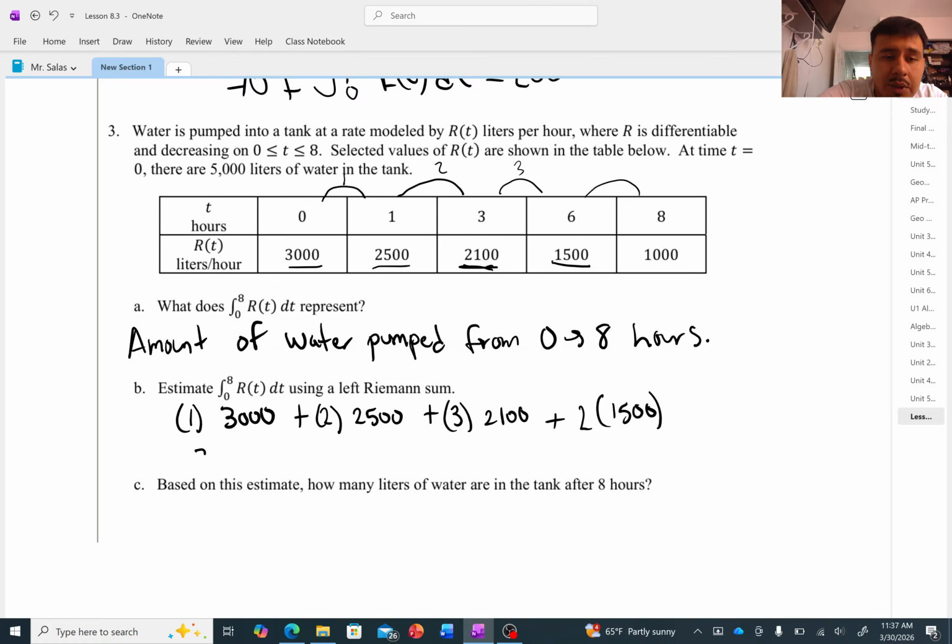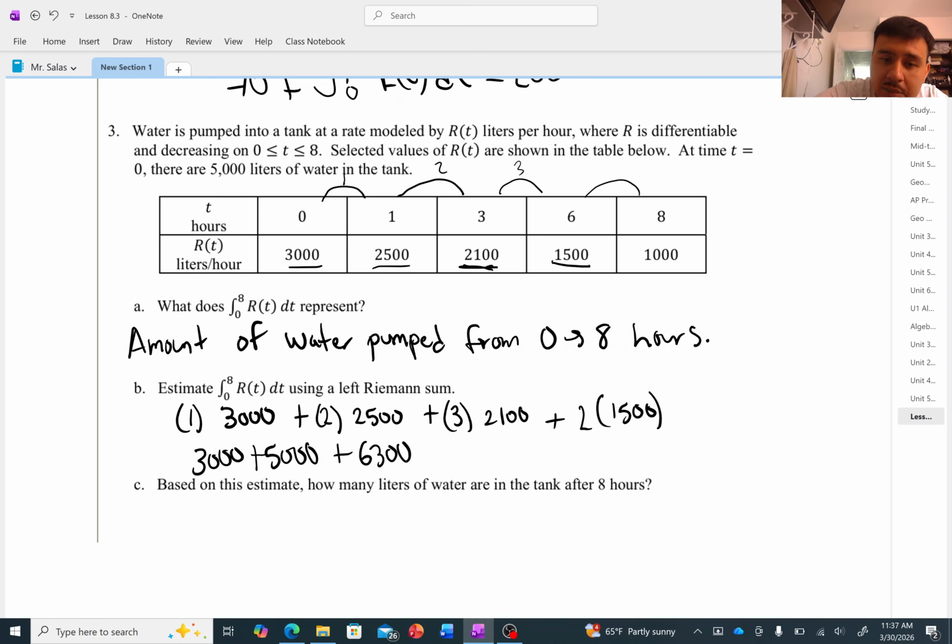Okay, so now I go ahead and figure this out. This is going to be 3,000 plus 5,000 plus 21 times 3. Is that going to give me 63? 63,000. Well, 6,300. My apologies. It's been a long weekend, so if I'm saying numbers incorrectly, that's probably the reason.